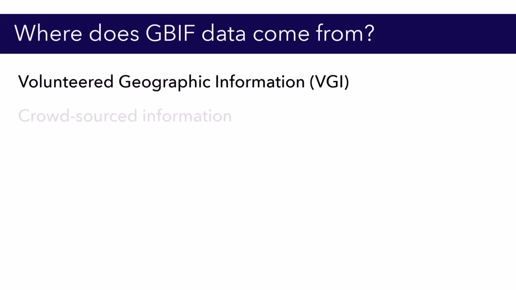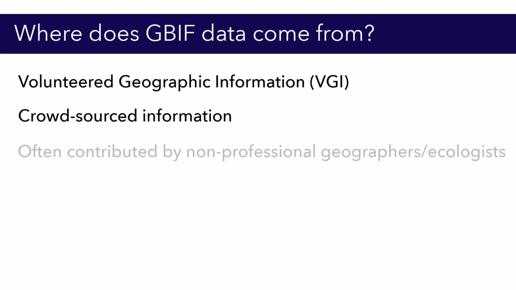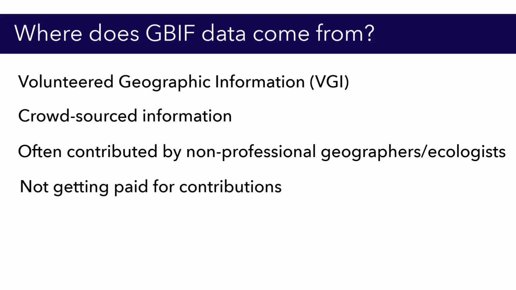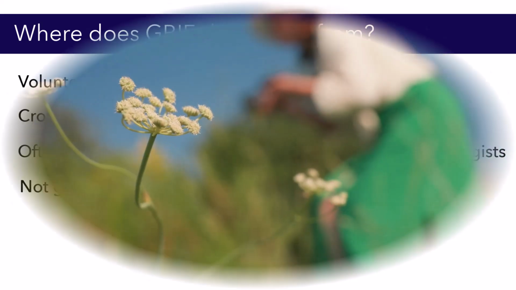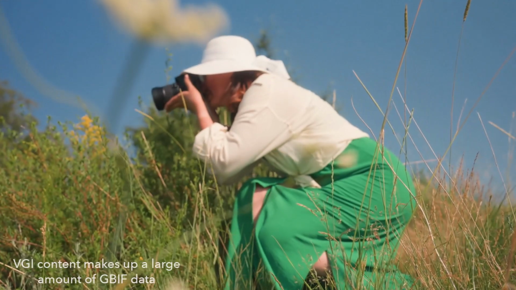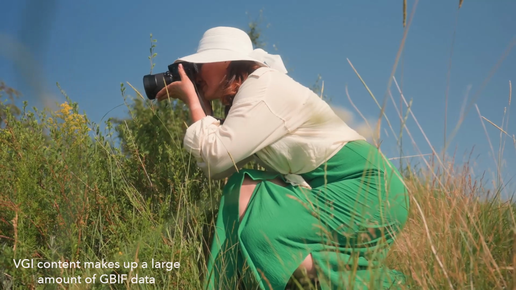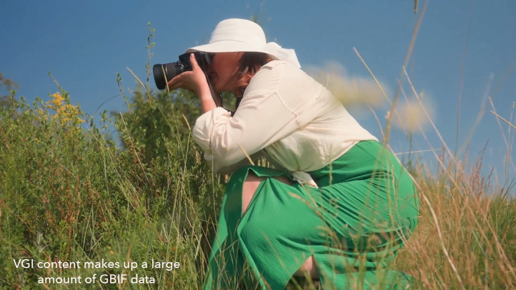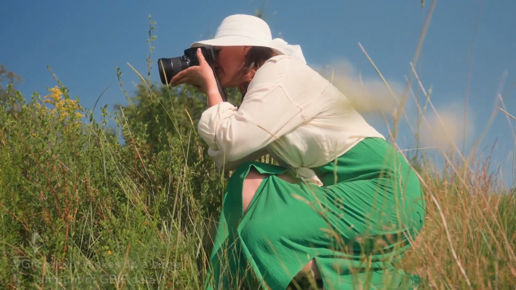VGI is crowdsourced information that is often contributed by users who are not professional geographers or ecologists and are not getting paid for their contributions. However, this type of user-generated content is rapidly overtaking museum specimens in terms of volume and now makes up a large proportion of GBIF records.